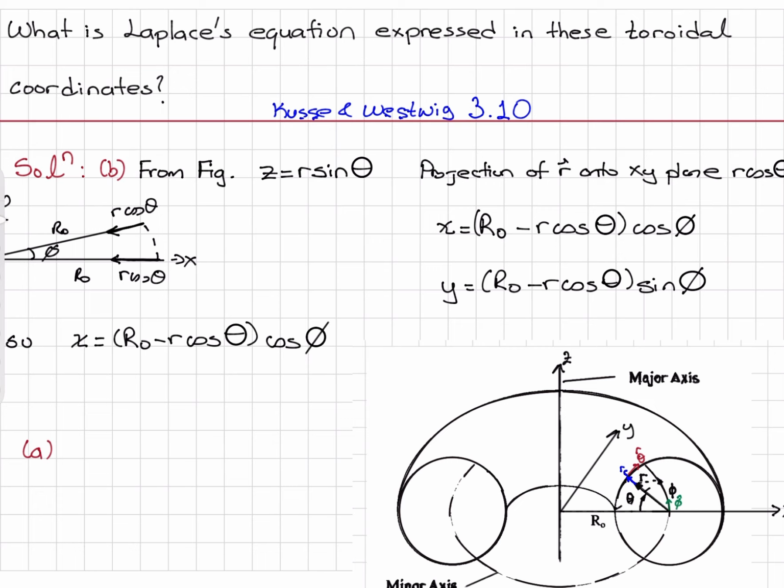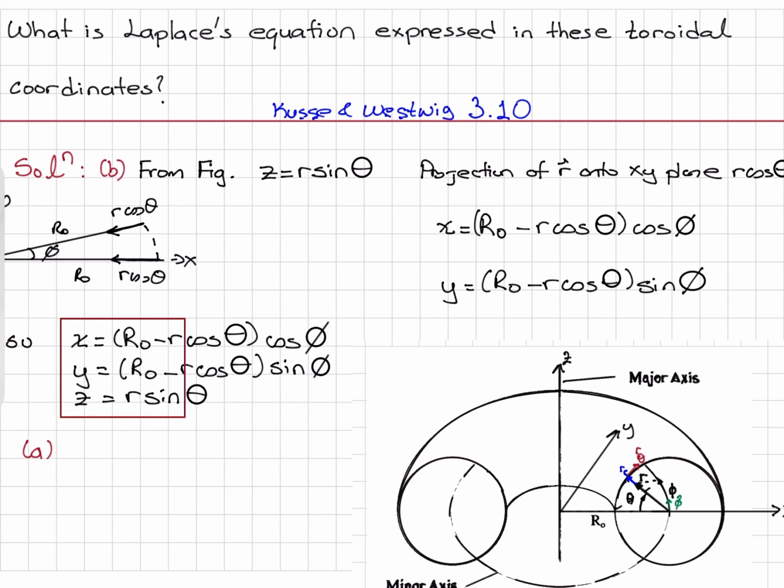Then I have y is equal to r0 minus r cosine theta, which is the radial position on the xy axis, multiplied by sine phi, projection onto the y-axis. And then I have z is equal to r sine theta, because theta is the angle with respect to the xy plane.